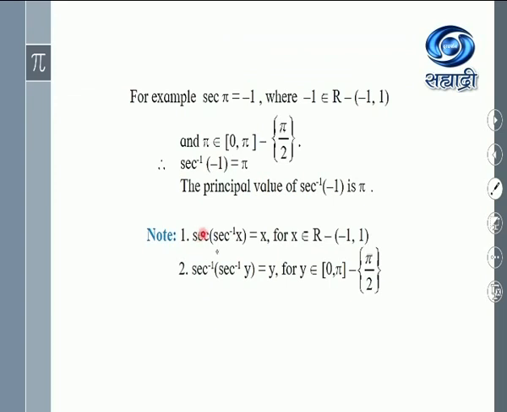Now, like in the previous inverse functions, we wrote two rules. Sec of sec inverse x is x for x belonging to R minus the open interval minus 1 to 1.